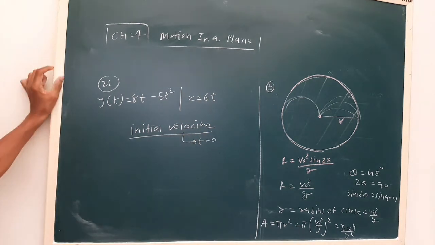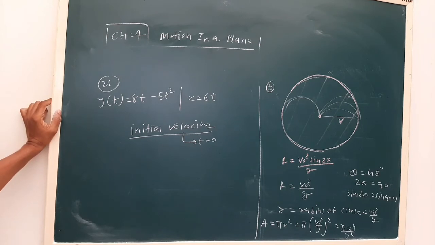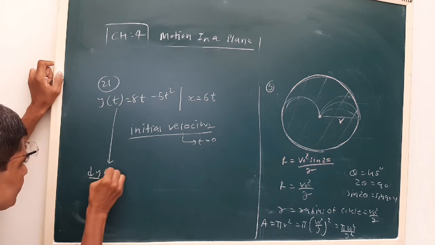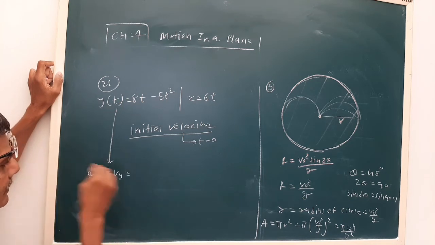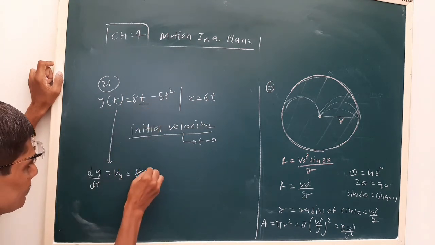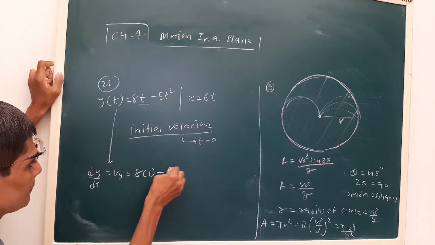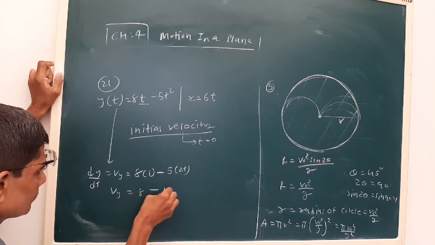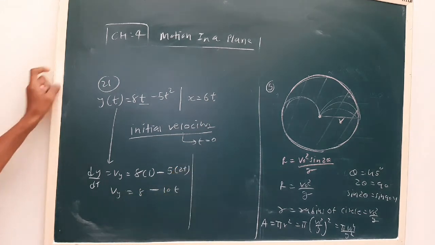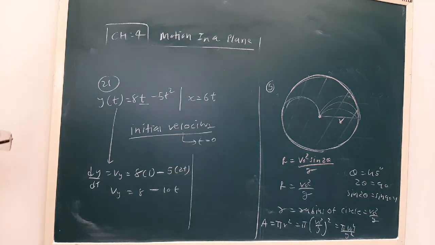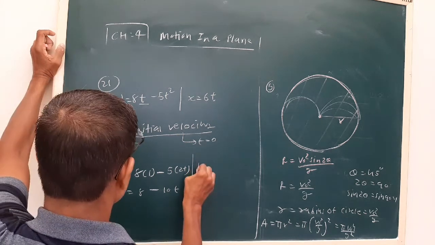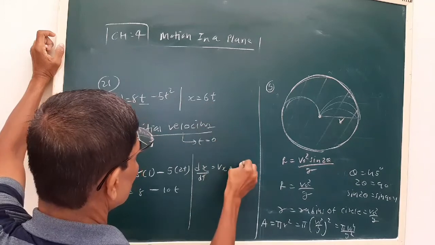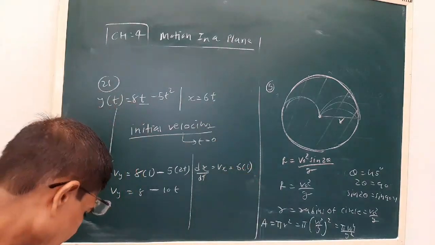Now what do we do first? Find out the equation of the velocity. Now this will give us dy by dt. dy by dt is 8, t derivative is 1, minus 10t. And dx by dt, 6 is constant, t derivative is 1, so 6.